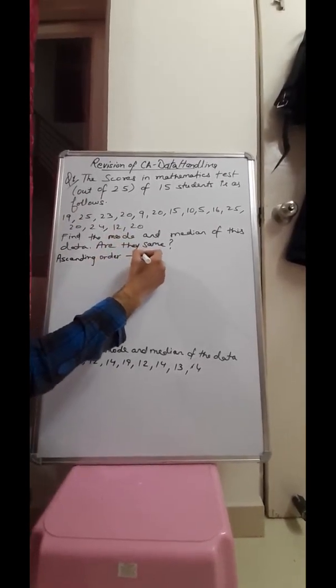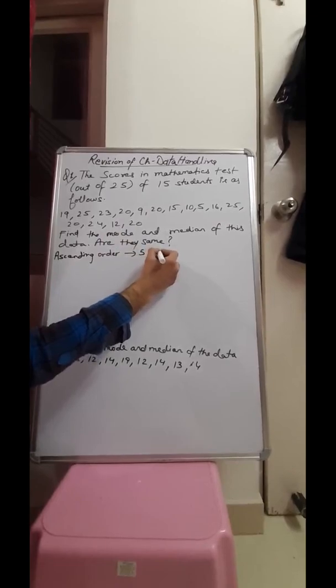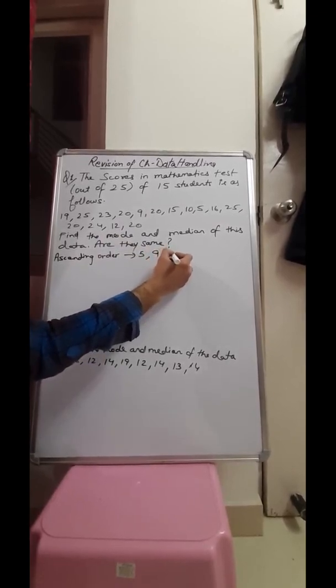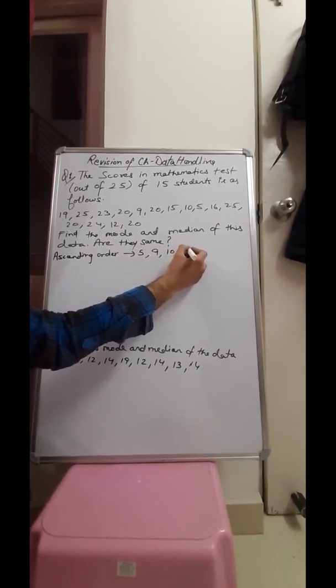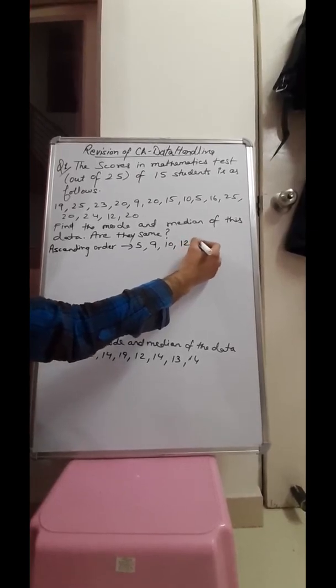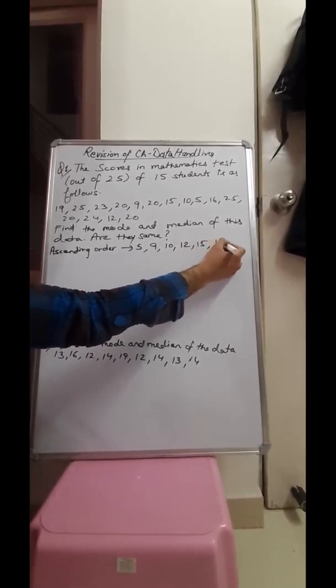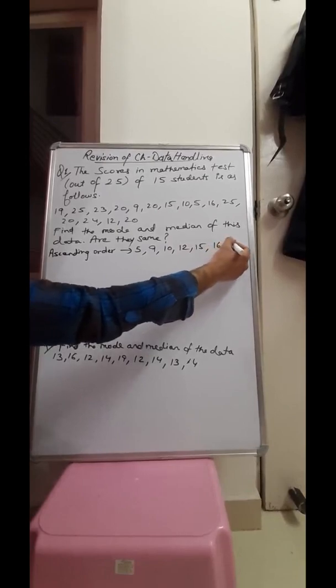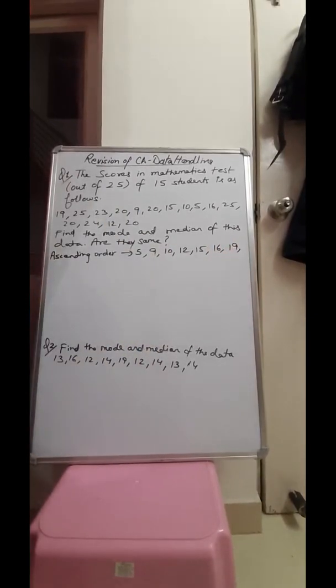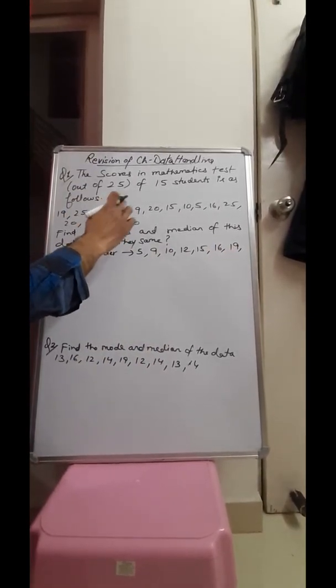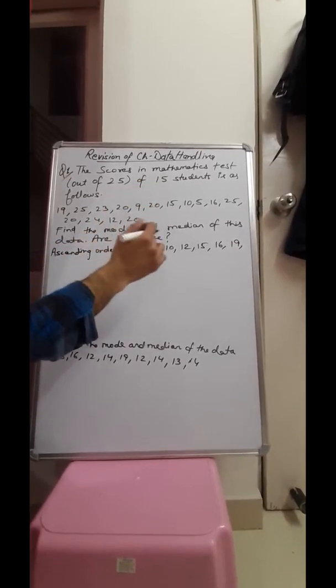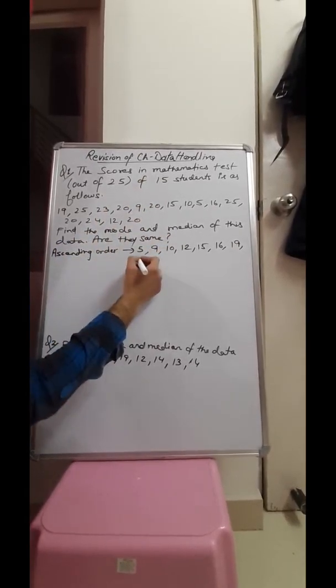So first is 5, then 9, sorry 10, then 12, then 15, next is 16, then 19. Here we can see that 20 is repeating how many times? 4 times. So that means 20 will come 4 times.